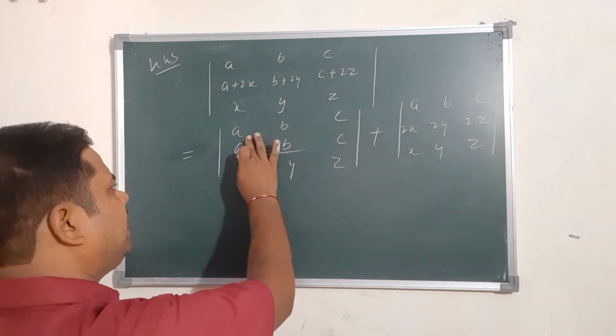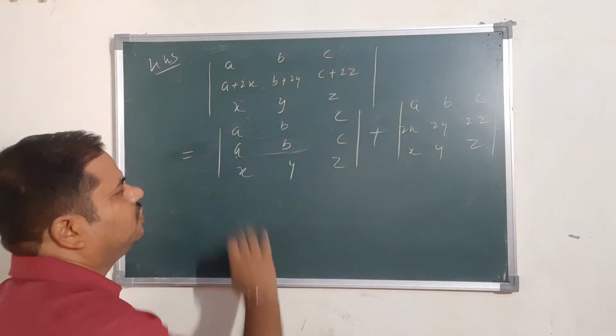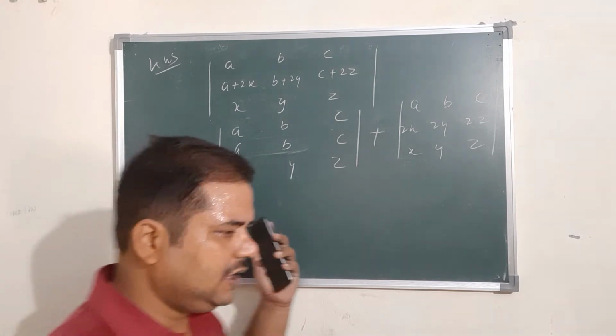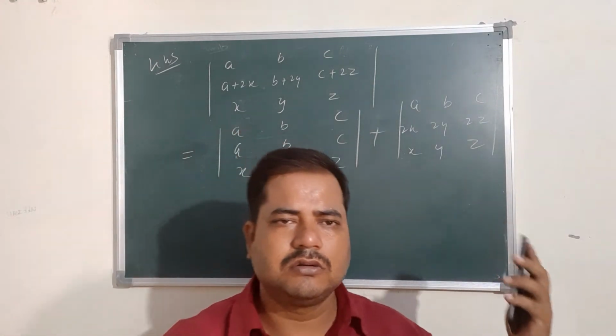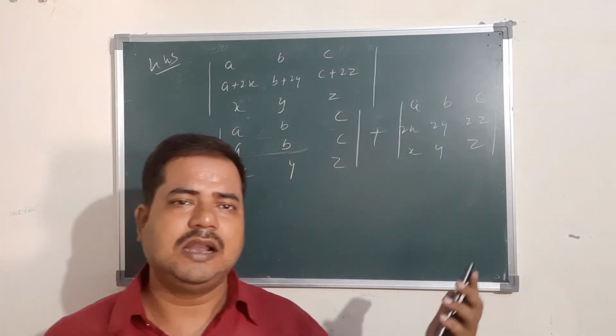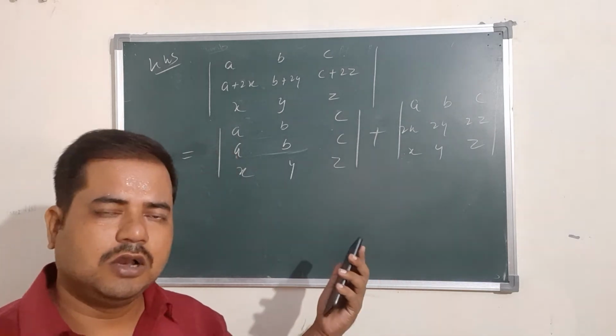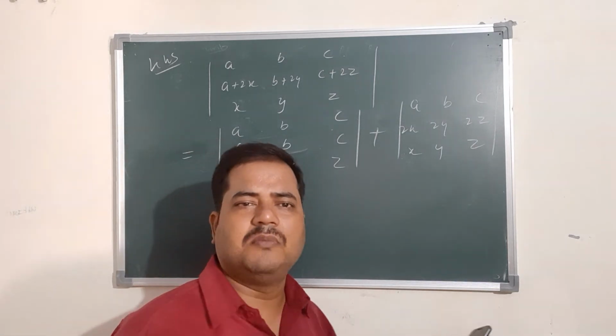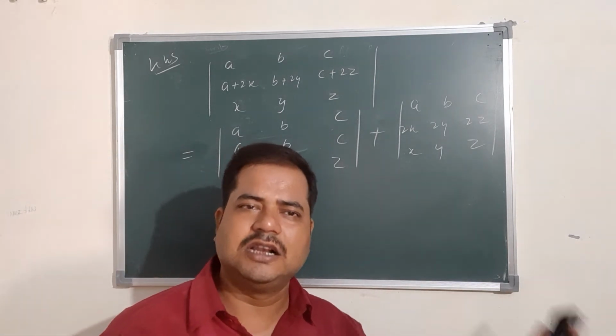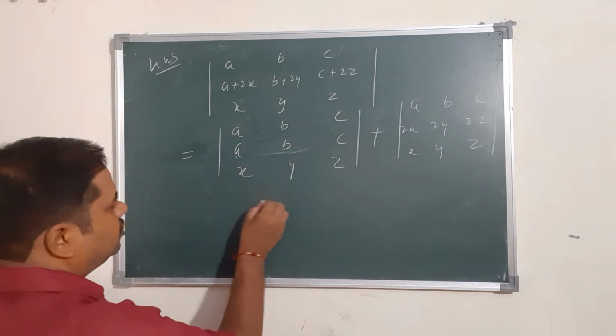That means A, B, C and A, B, C are the same. Using the property, I am not going to remember the number, that if two rows or two columns are the same or identical, then the determinant is 0. So this should be 0.